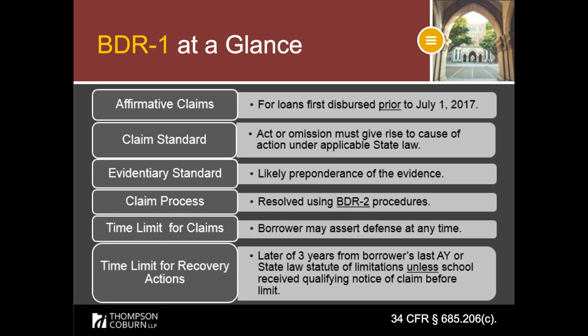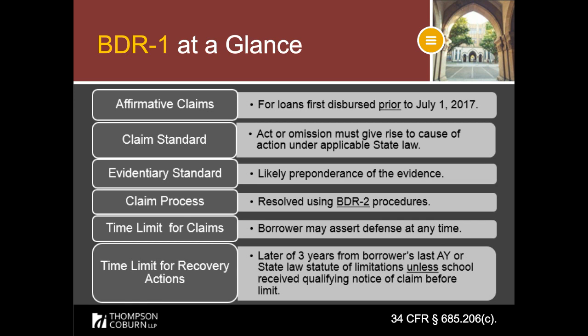Okay, so BDR-1, again, accepts affirmative claims. The claim standard, remember, what is a BDR claim under BDR-1? The act or omission must give rise to a cause of action under applicable state law. There is no evidentiary standard articulated in the BDR-1 regulation. You see down here in the bottom right, 685.206(c), but it's preponderance of the evidence for BDR-2 and BDR-3, and my expectation is that the department will use a preponderance of the evidence standard if adjudicating a matter in the BDR-1 bucket as well.